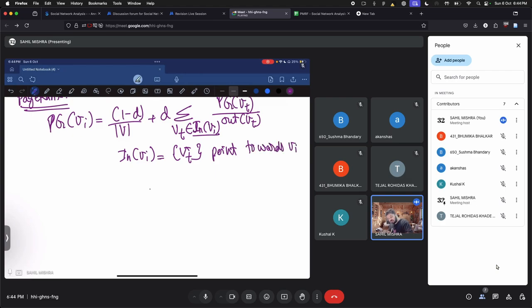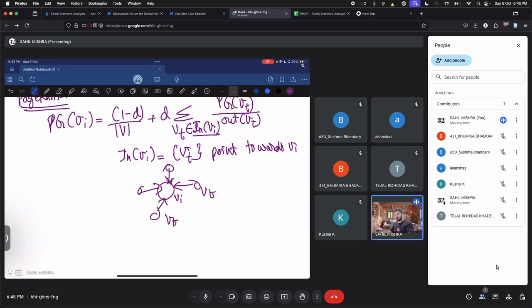It will look something like this. And these centralities, these eigenvector centralities, all these centralities are measured for directed graphs, because then only this thing matters, this relationship of pointing to other web pages, etc. So this is vj, this is vj, this is vi.